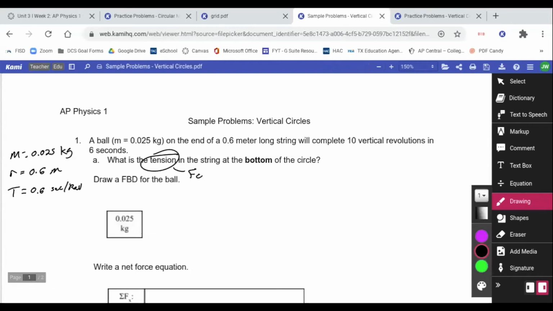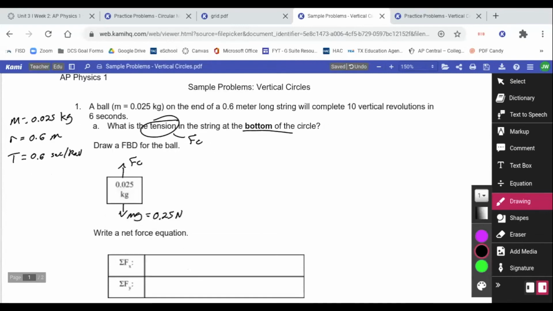We know that we are at the bottom of the circle, so FC would be pointed up, and mg is down. I can solve for mg because I know the mass is 0.025 and the acceleration of gravity is 10. So this would be 0.25 newtons, my downward force. It asks me to write a net force equation.